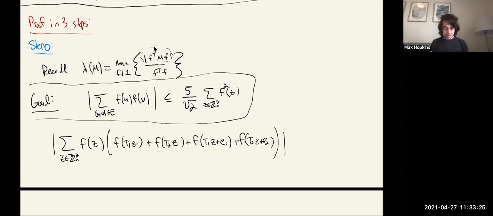So when we look at a different z, right? So when will we hit T1 inverse z? Well, when z here is actually equal to, say, T1 inverse z, what will happen to this term? Well, we'll end up getting f of T1 inverse z, and then this term will become f of z.